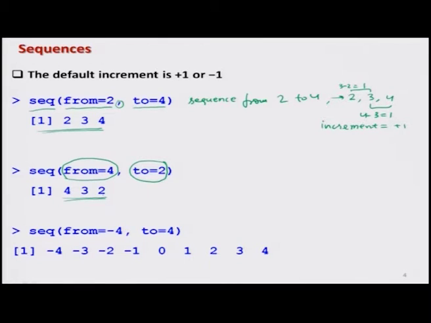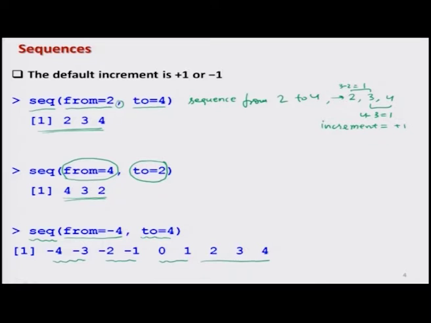Another thing I would like to show you is that the values taken in from and to need not be only positive integers, they can be negative integers also. For example, here I am trying to generate a sequence from -4 to +4. The default increment is going to be 1 unit. So, I get a sequence -4, -3, -2, -1 and up to 0, 1, 2, 3, 4.